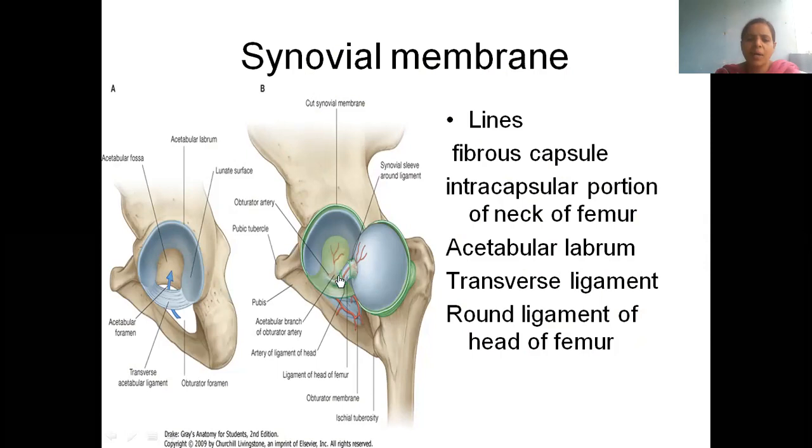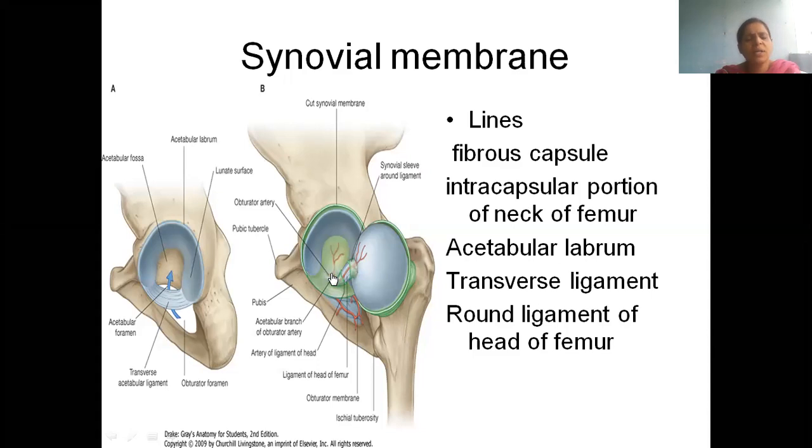Connecting the head of the femur and the transverse acetabular ligament, I told you this is the round ligament of the head of the femur, also called ligamentum teres. The word ligamentum teres also comes with the liver. Sometimes the word ligamentum teres comes for a 3 marks question. You can talk about the ligament of the head of the femur, same meaning.